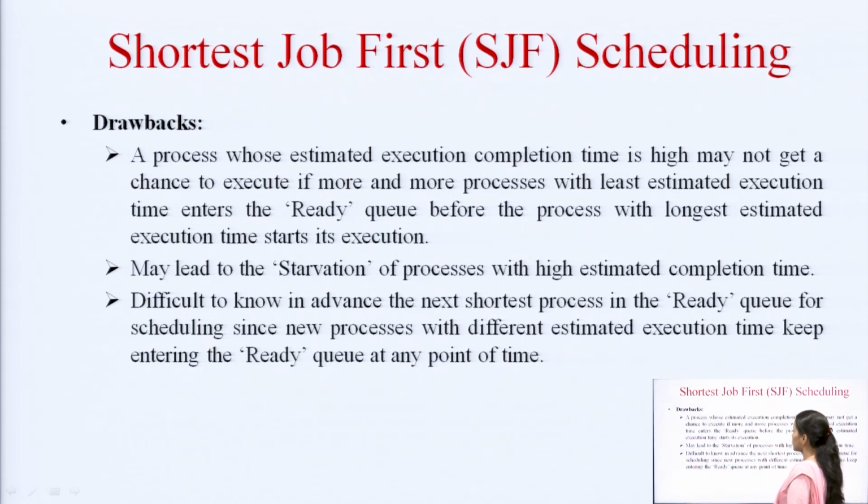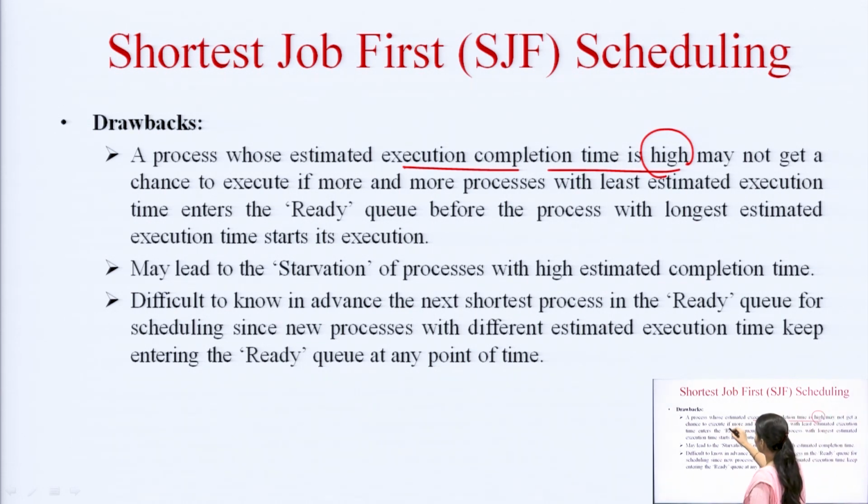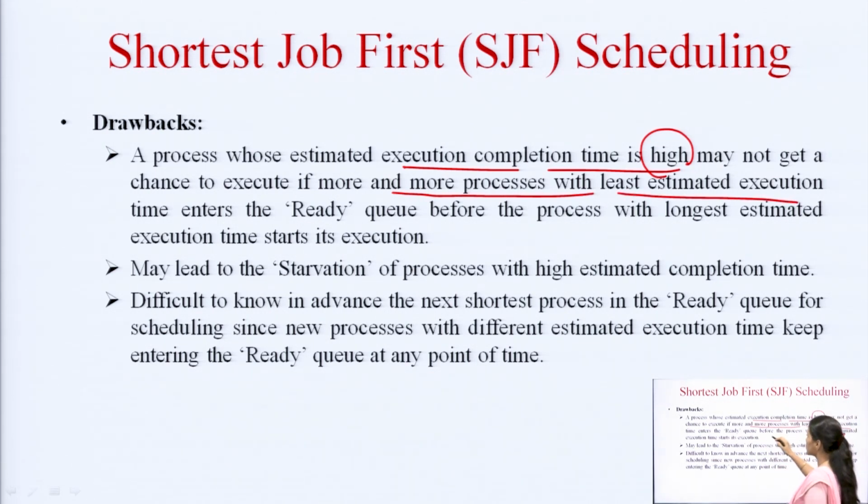The drawback is the process whose estimated execution completion time is high, that may wait. So, again this condition may be there. Even if more and more processes with the least estimated execution time enter the ready queue, suppose the processes which are entering the ready queue are having the lesser execution time as compared to the task having the large execution time, then the task with the larger execution time will keep on waiting for the CPU.